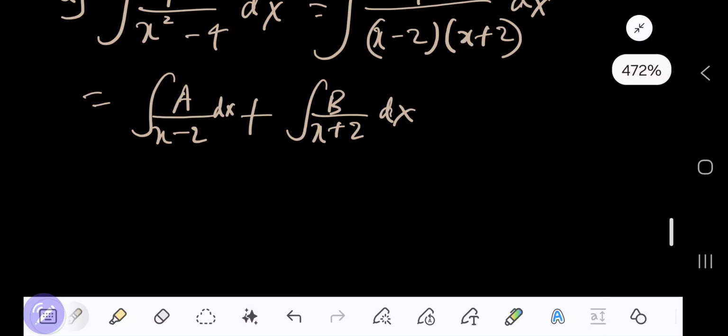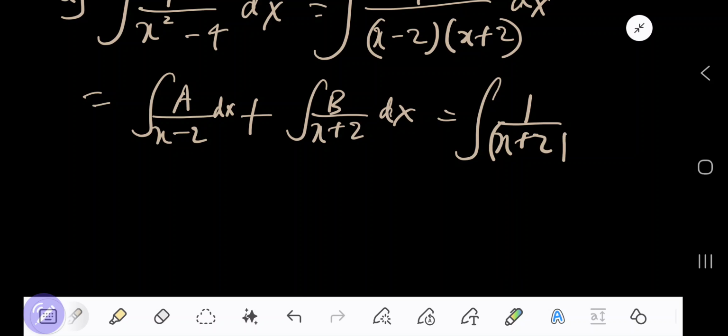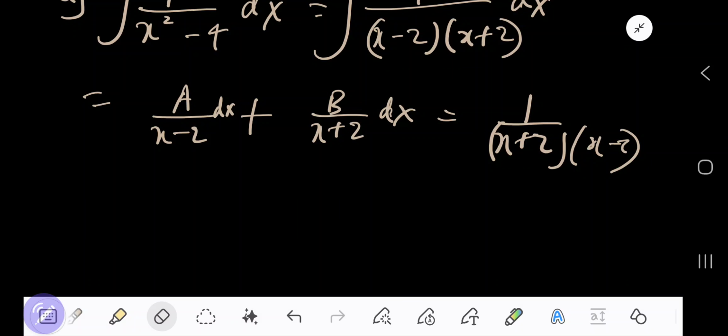Now, if you remember, this equals the integral of 1 divided by x plus 2 times x minus 2. So you have to find the values of a and b now. We can just remove all these integration signs for now to find the values of a and b.